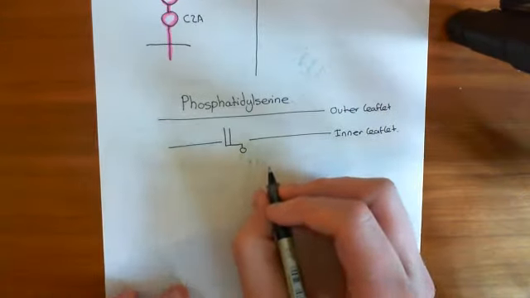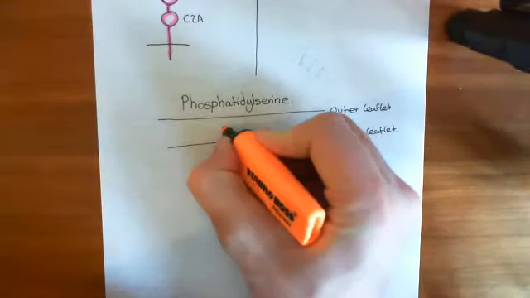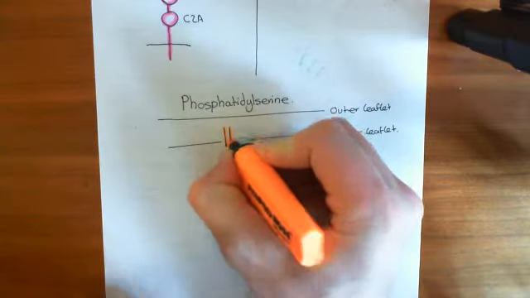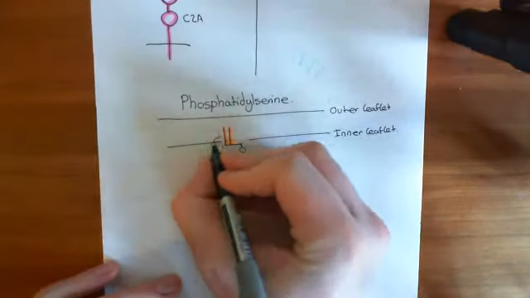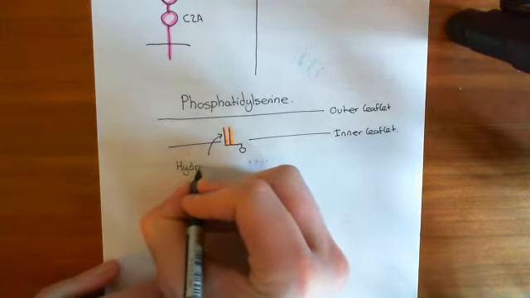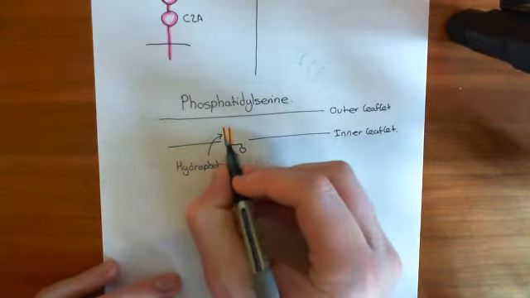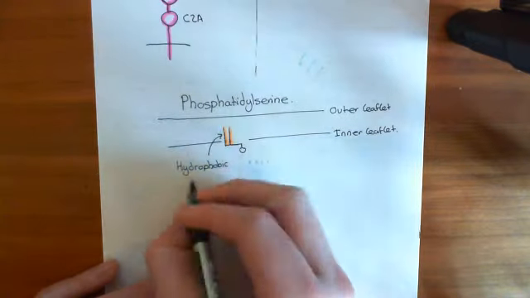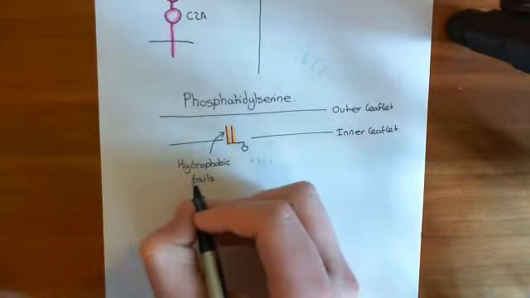If we look at this phospholipid in a bit more detail, it has these 2 hydrophobic tails, which I have now coloured in orange. And they are made by taking long-chain carboxylic acids, also called fatty acids by biochemists.